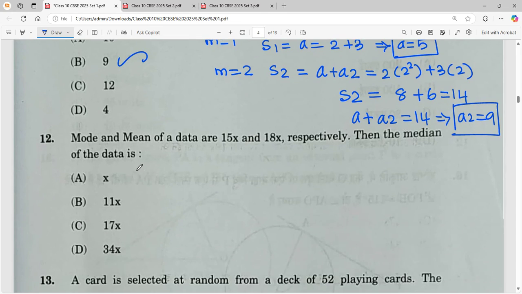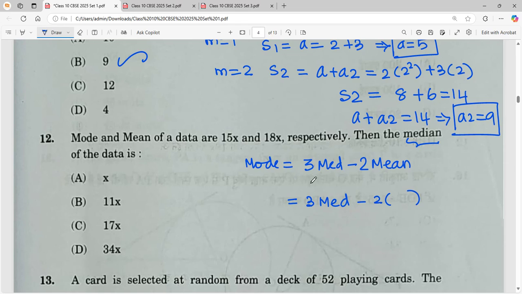Mean and mode are given. So we have a relation between mean, median and mode: mode is equal to 3 times median minus 2 times mean. We are asked the median value. So 3 times median minus 2 times the mean value, which is 18x, is the mode value, which is 15x.